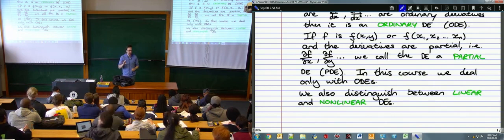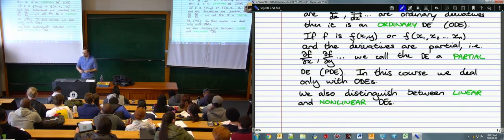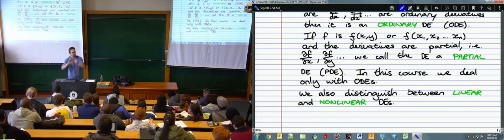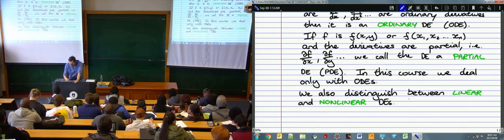And the very short way of writing down what a linear differential equation is, and we'll do this in more detail later on in the course, but a linear differential equation, here's the short version.